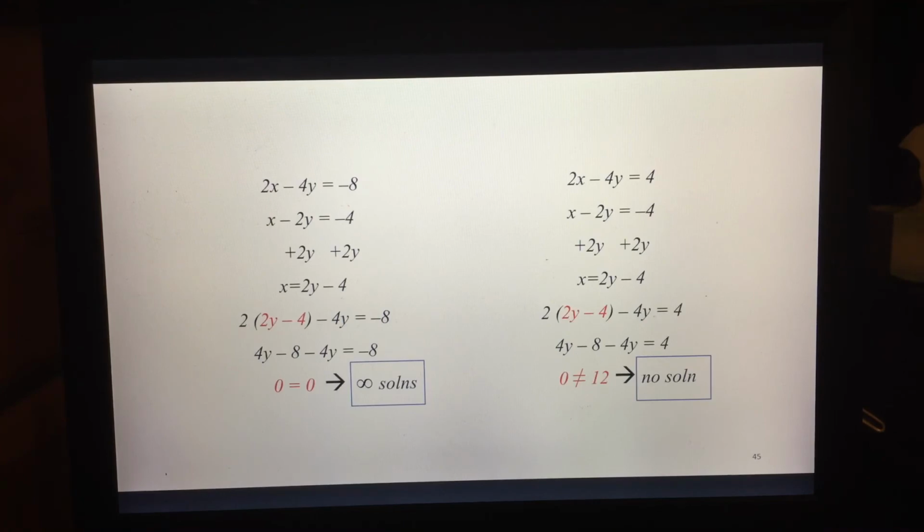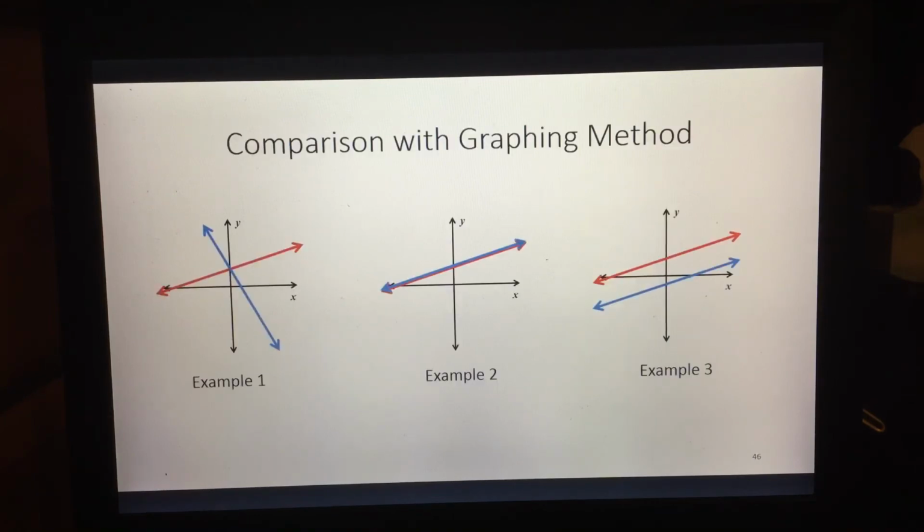So now you've seen 3 examples using substitution. Now if we compare our examples with the graphing method, we can see the solutions here. In the first example, I took the first equation and got this blue line. In the second equation, I got this red line.